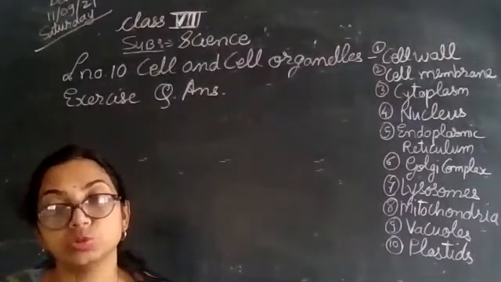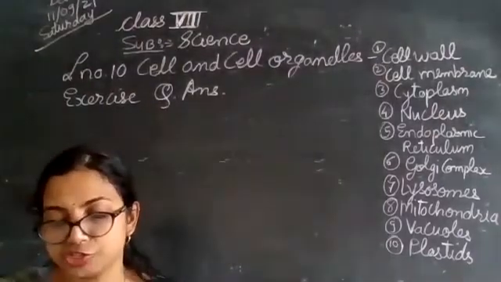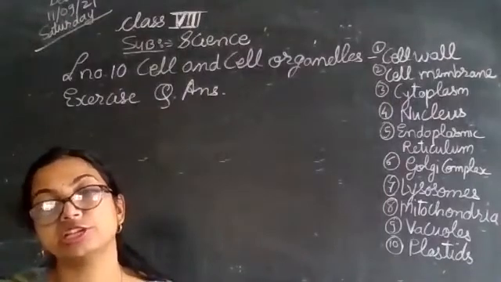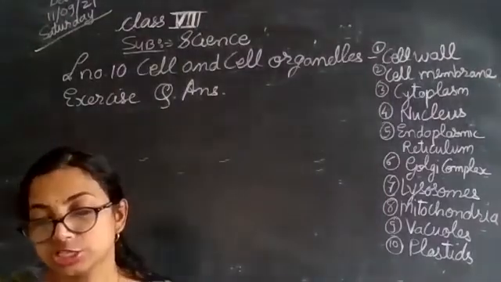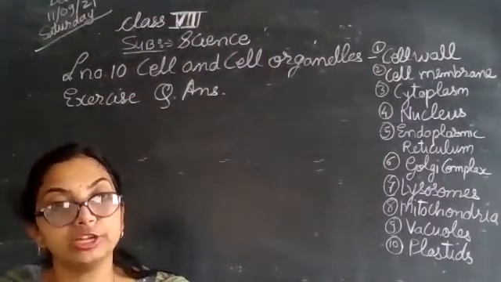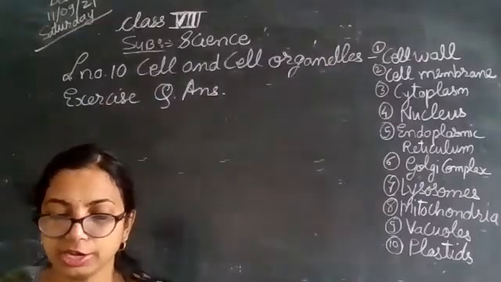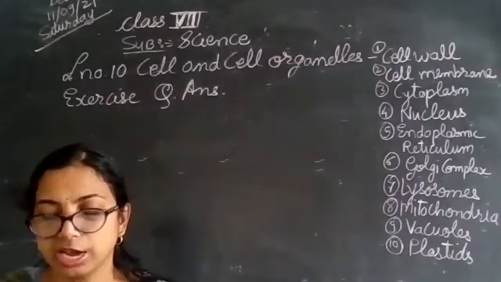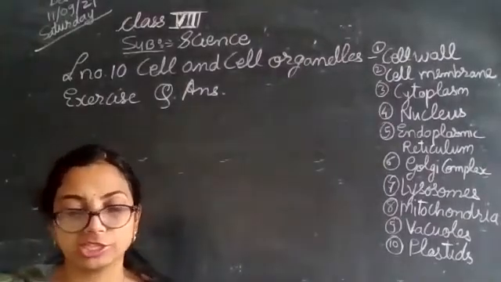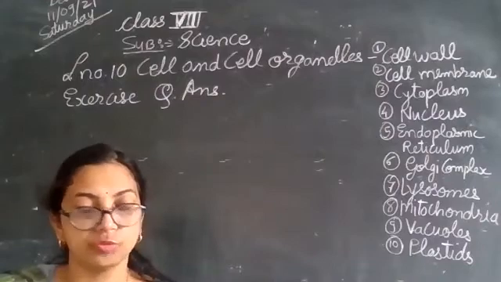Then it is also called suicide bag because when the cell becomes older or damaged, the cell bursts and enzymes inside this lysosome start digesting its own cell. Therefore, it is also called the suicide bag. And during starvation, lysosome digests stored proteins and fats. Okay, that is the next function of lysosome.